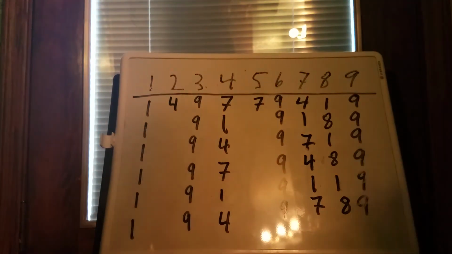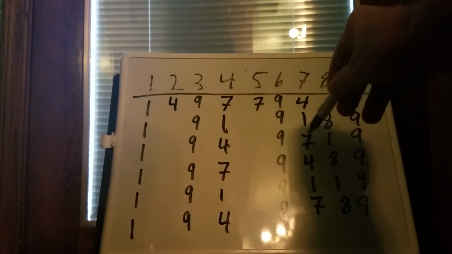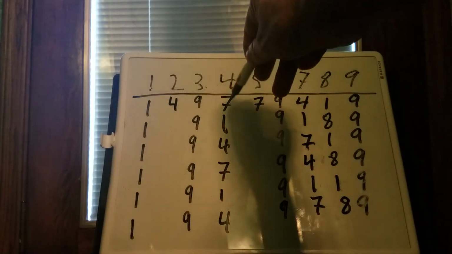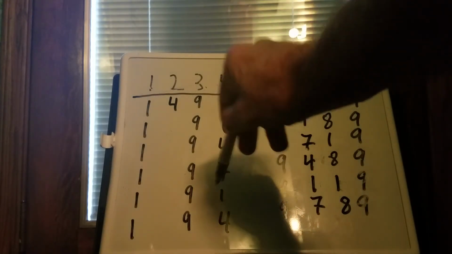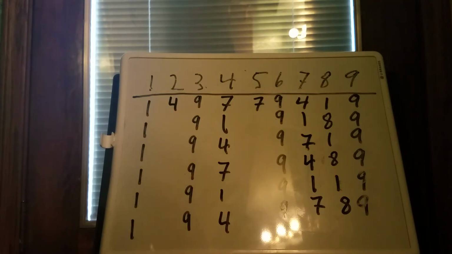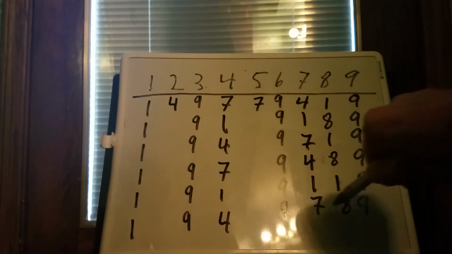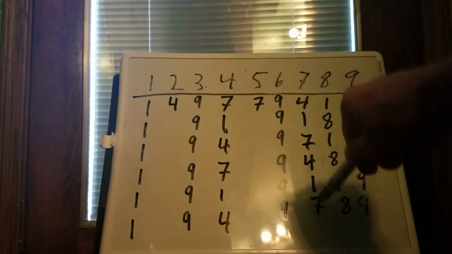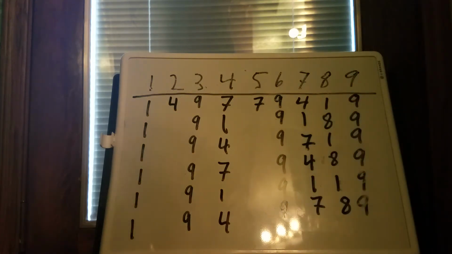Okay, so we have 417, 417. Here we have 714, 714. And if you get mixed up there, one way that helps is it starts with a 1 and it ends with 789. So that makes that easy.